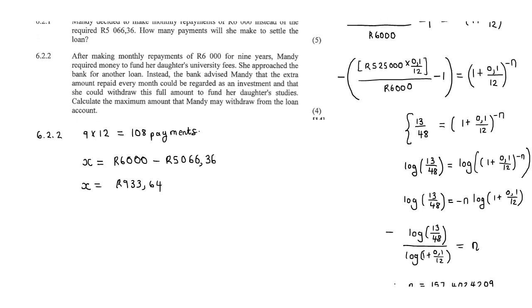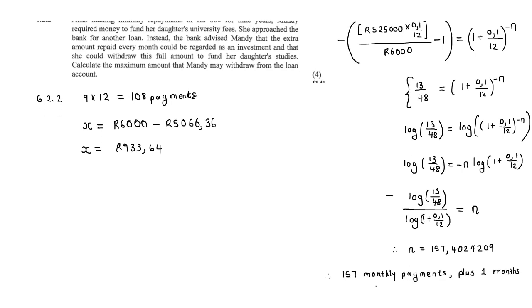Now change your thinking. Imagine that she was actually depositing this amount for the past 9 years, every single month. So what is her future value? Into the future value formula.